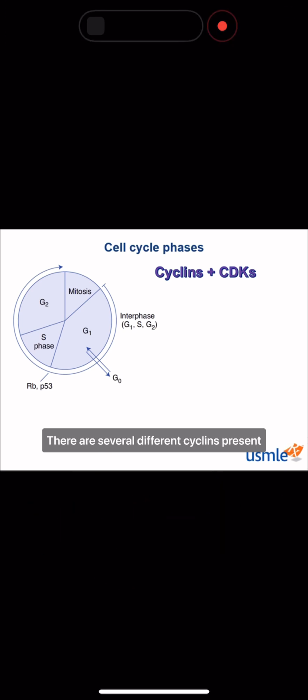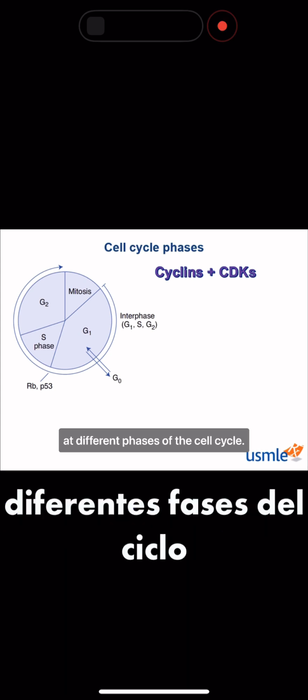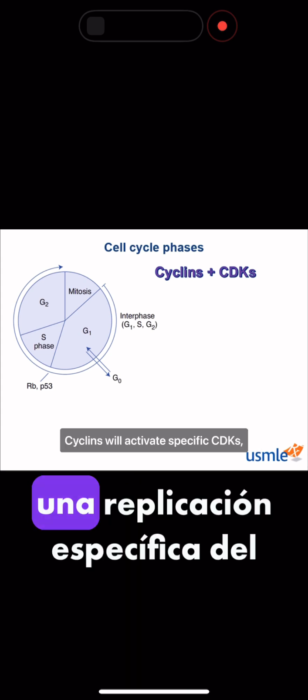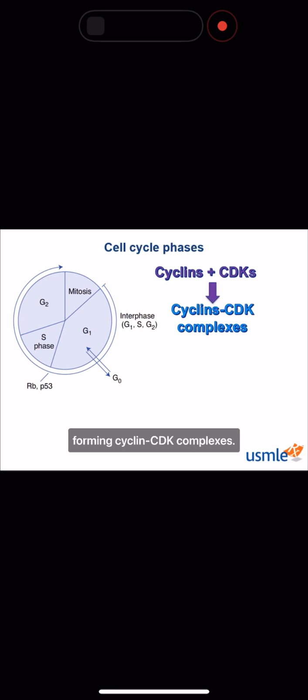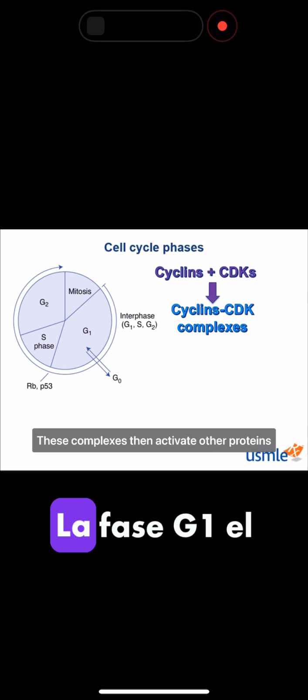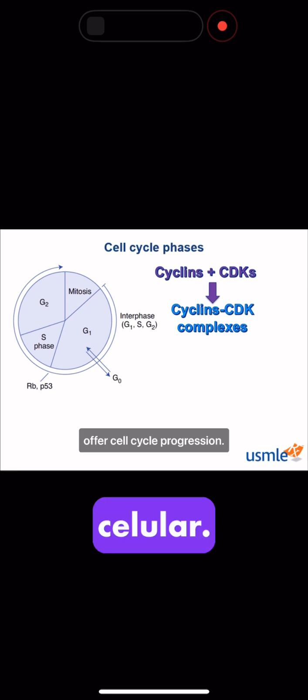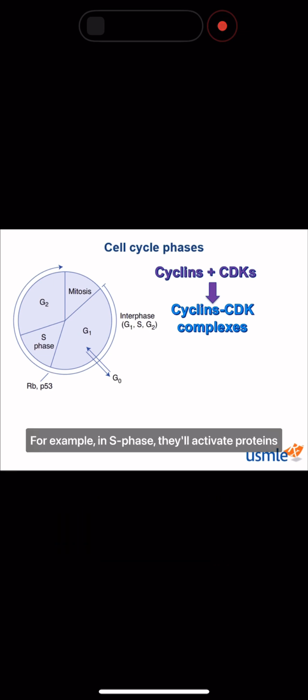There are several different cyclins present at different phases of the cell cycle. Cyclins will activate specific CDKs, forming cyclin-CDK complexes. These complexes then activate other proteins via phosphorylation and allow for cell cycle progression. For example, in S phase, they'll activate proteins to initiate DNA replication.